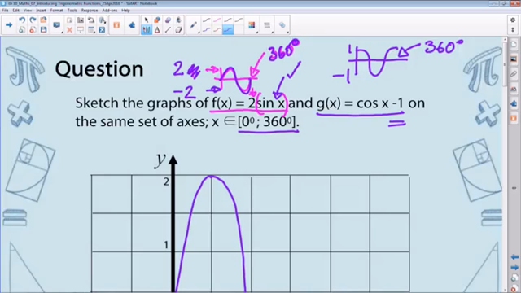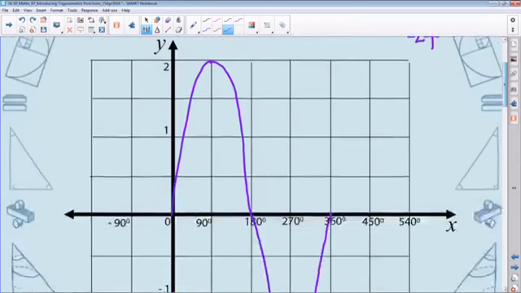So we're going to change the parent function by just moving it down by 1 unit. So instead of starting at 1, we're going to start at 0. And instead of going down to -1, we're going to go down to -2. Does it still have a period of 360 degrees? Yes, it does. So not many changes have happened.